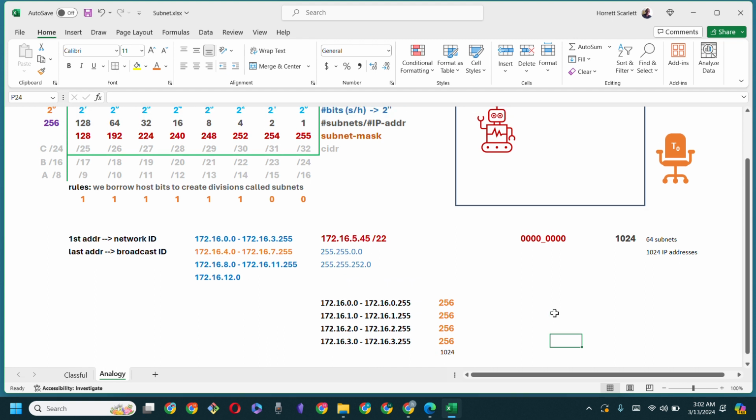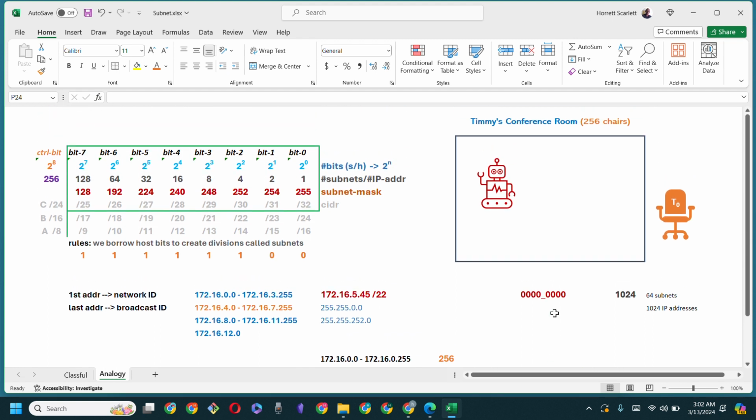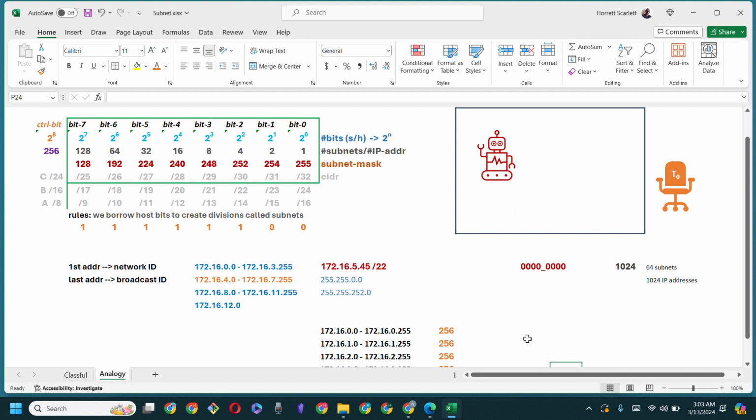Alright, so let's quickly jump to another example. But before we do that, I want to show you a technique that you can use to quickly identify the network ID for a particular IP address so that you can know which subnet it actually falls into.